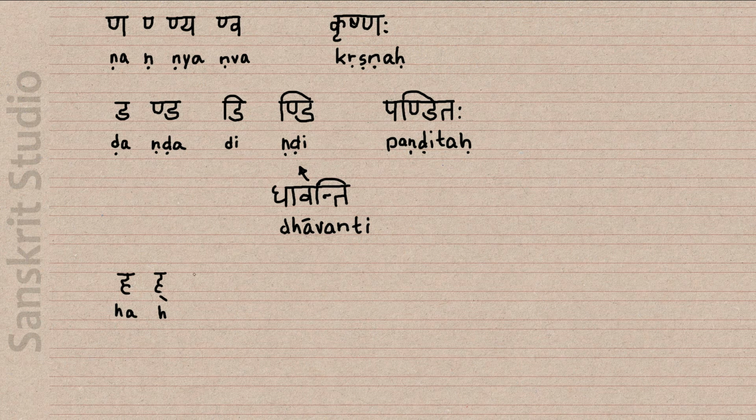Because what we ultimately want in our example here is the combination HMA, and that would be possible if we write the normal ha, but with a virāma, and then simply stack the ma sound after, like that. So that would be HMA. But that is really the poor man's HMA.